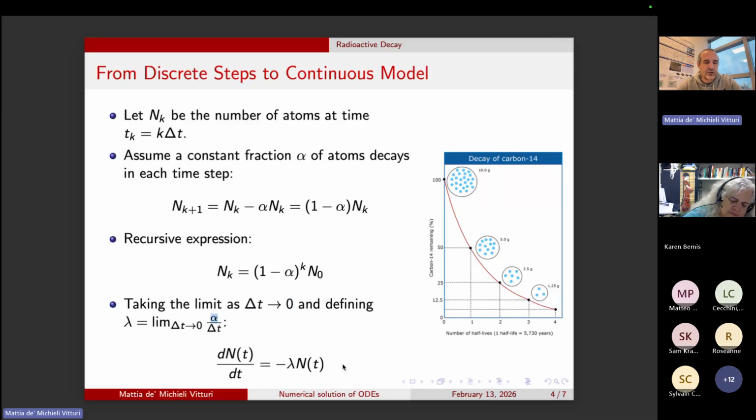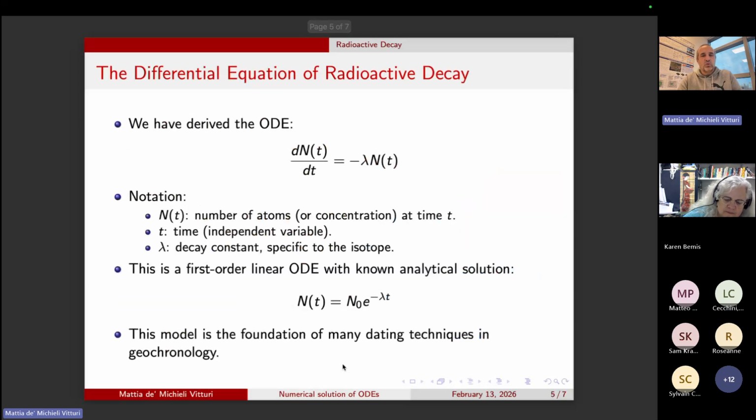This is the ordinary differential equation that we will solve numerically today. We have derived this equation where N(t) denotes the number of atoms or the concentration of atoms at time t. t is the independent variable that evolves, and lambda is a constant which is specific to the isotope.